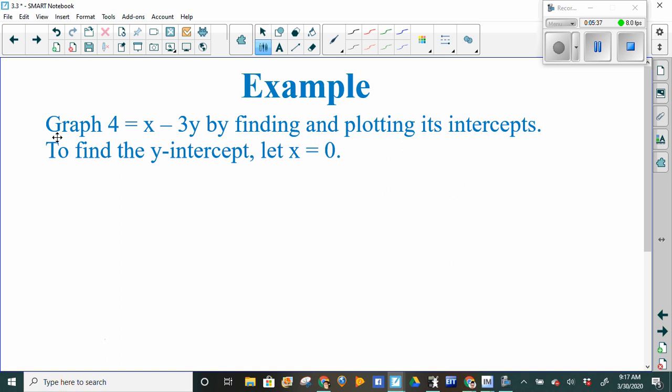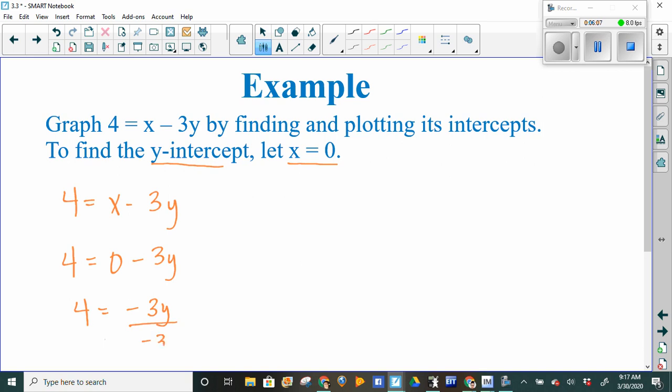So now we're going to graph 4 equals x minus 3y by finding and plotting its intercepts. So first we're going to write down our equation. So if I want to find the y-intercept, I'm going to let x be 0. So 4 equals 0 minus 3y. 4 equals negative 3y.